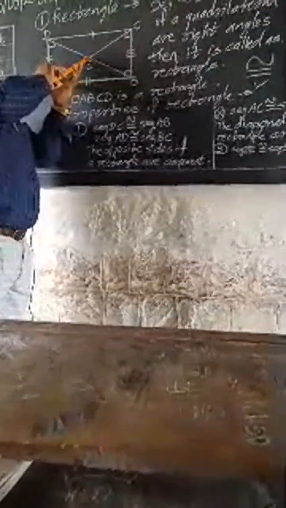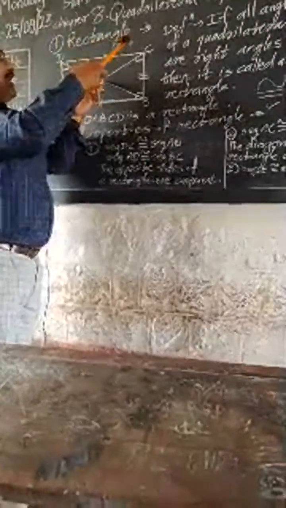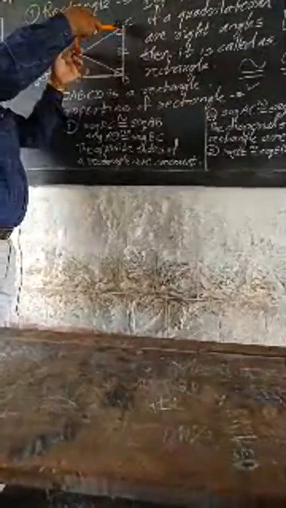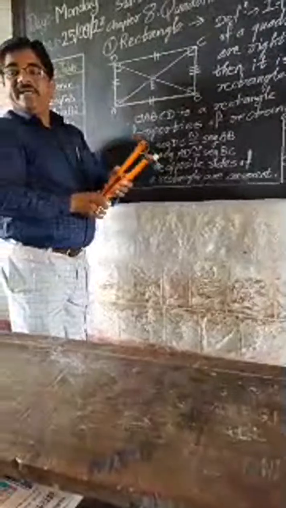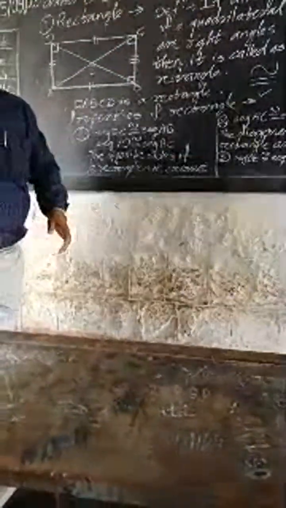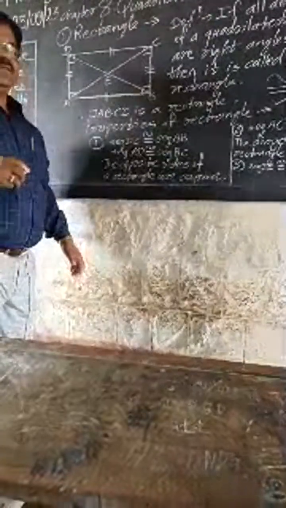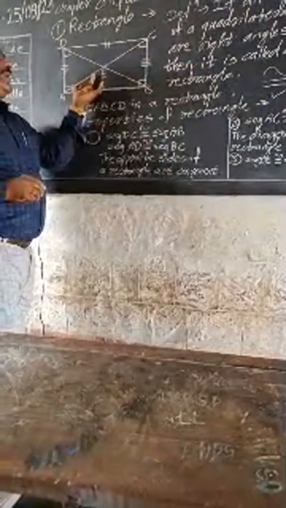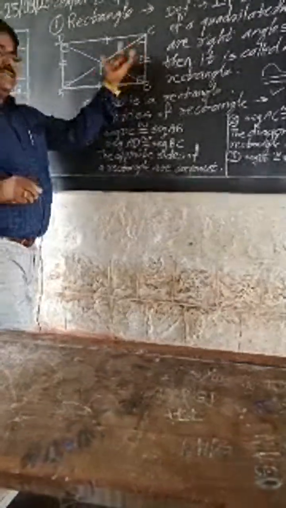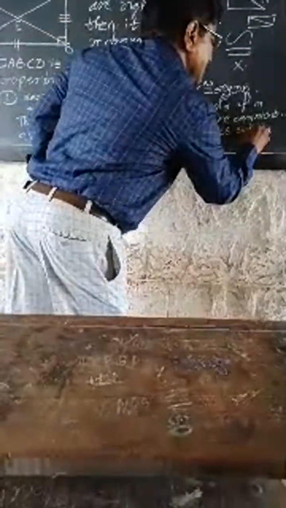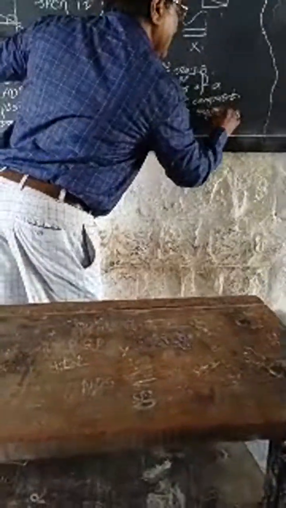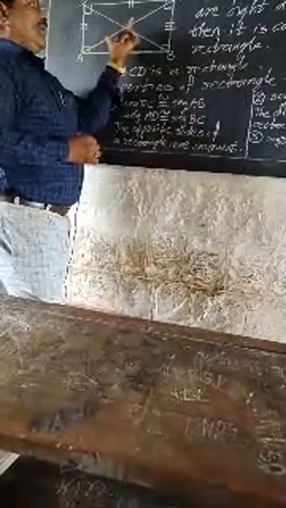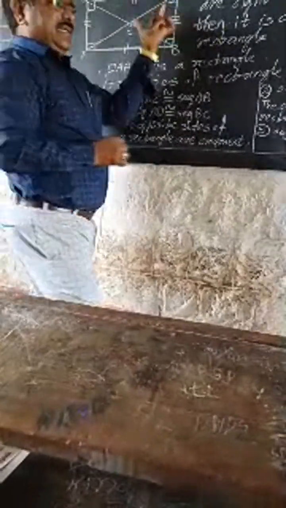For the other diagonal, first part AE and second part EC, also both parts are congruent. Which parts are congruent? Who tells the answer? Correct, good answer. Segment AE is congruent with segment EC.